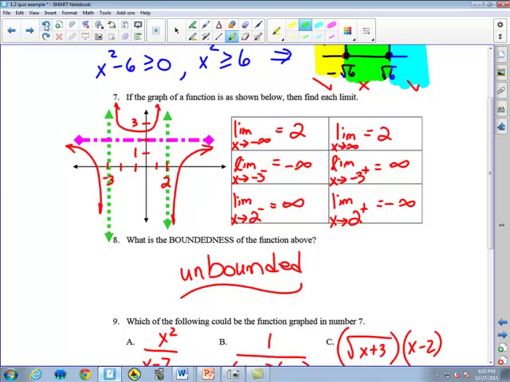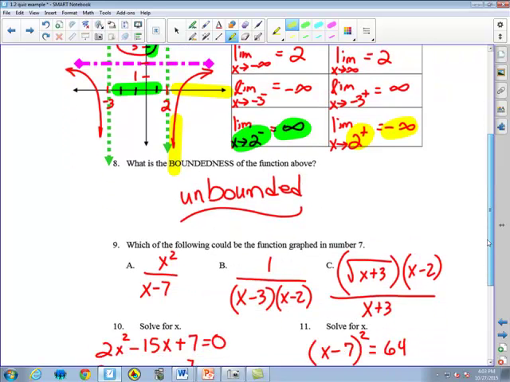As x approaches positive 2 from the left, the function goes up off the page. That's positive infinity. And as x approaches 2 from the right, the function goes off the bottom of the page. That's negative infinity.